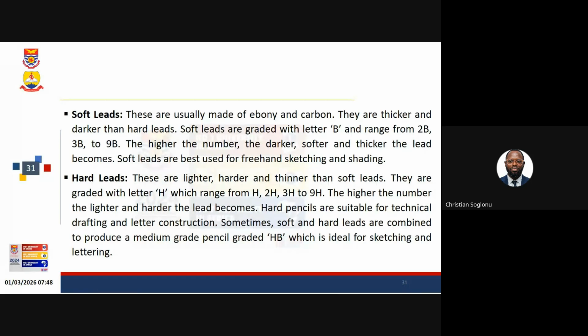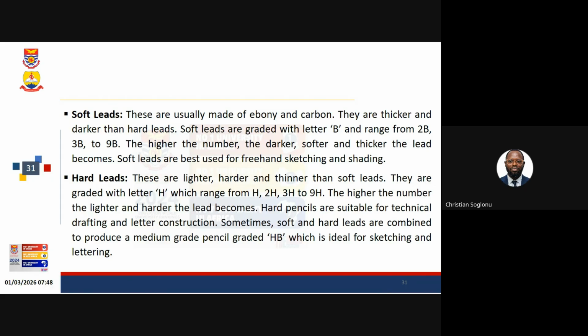So what we are talking about here is that with soft lead, we have grades. When you look at your pencils, we have HB, 2B, 4B, 5B, 6B, 9B, and so on. I think the highest we can go is 12B.